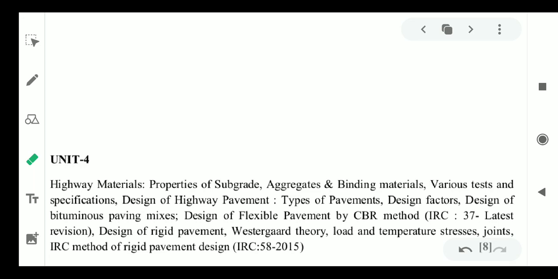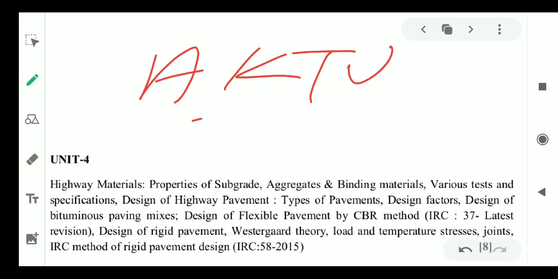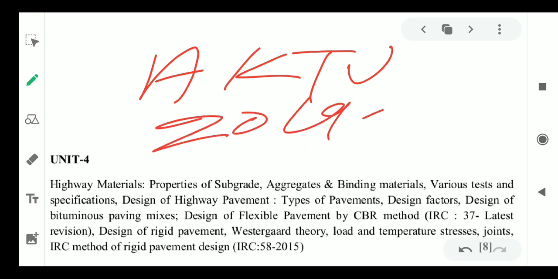So here is the syllabus of AKTU Transportation Engineering of session 2019-20. In this unit there are two sections. First is highway materials and another is design of the highway pavement. In highway materials, first we will discuss properties of the subgrade.